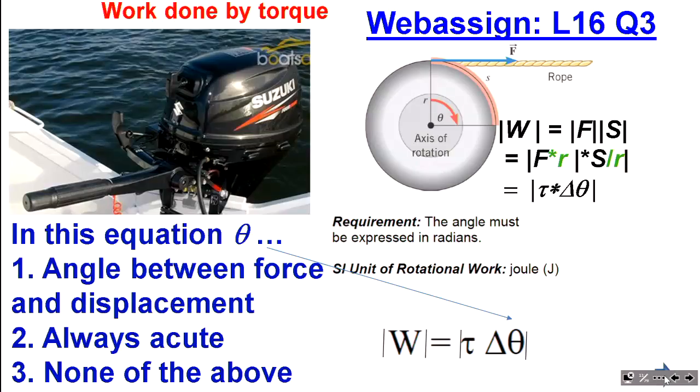And if we want to calculate work, we could start from an expression for work done by constant force. You know, we can measure the distance traveled by my hand or by any point in the rope. Force times distance is work.